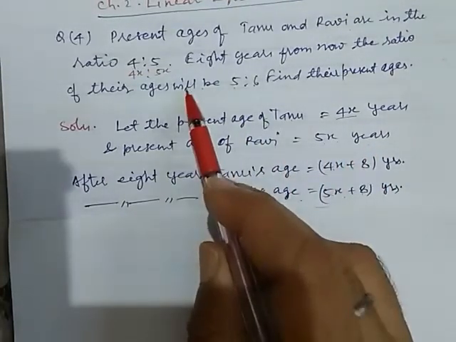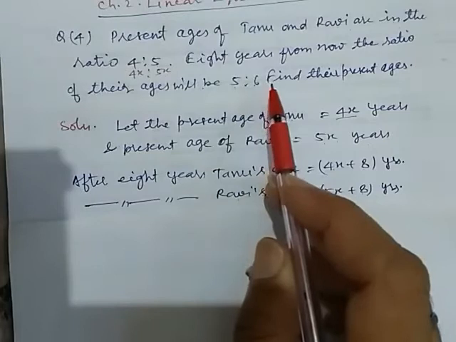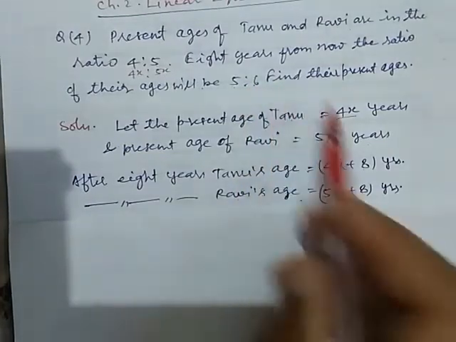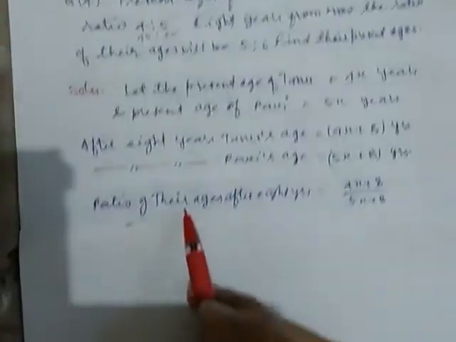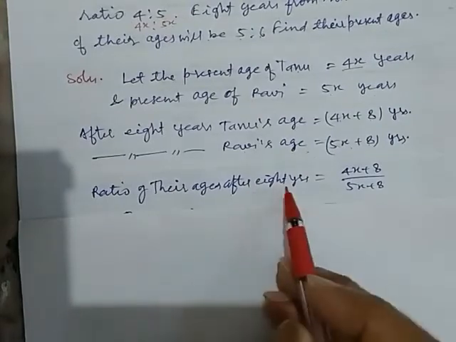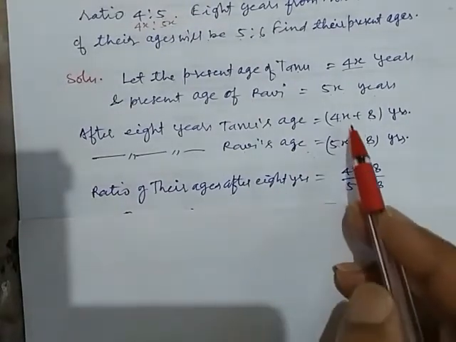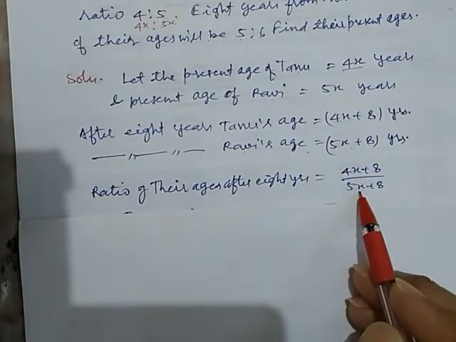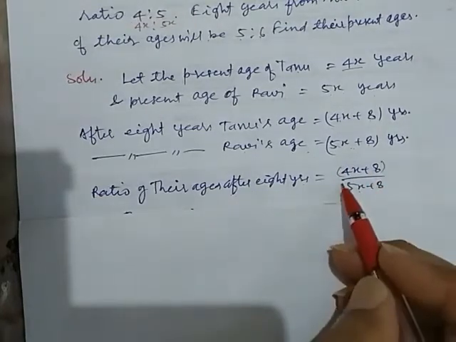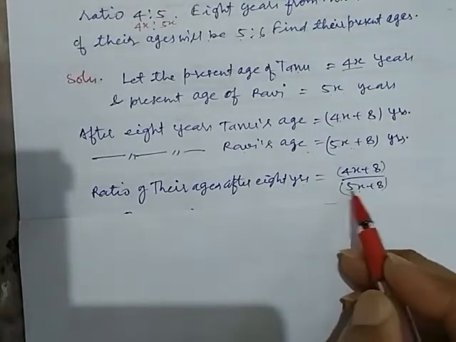According to the question, their ratio will be 5:6. First we find the ratio of their ages after 8 years. This divided by this is the ratio. So we get 4x plus 8 upon 5x plus 8.